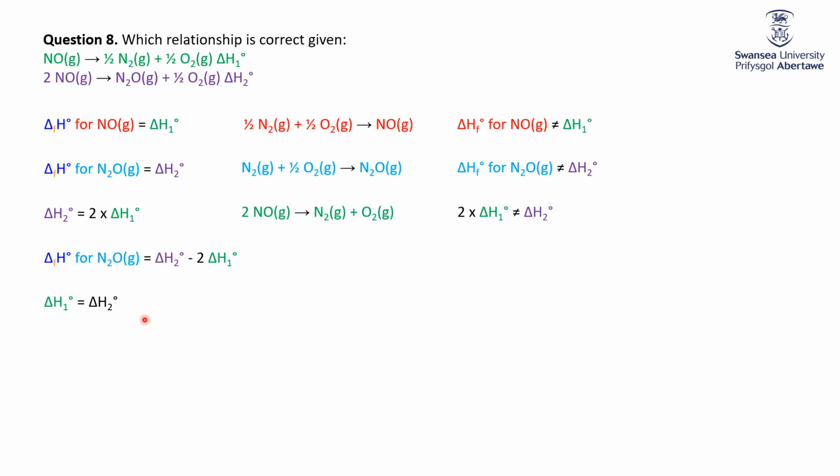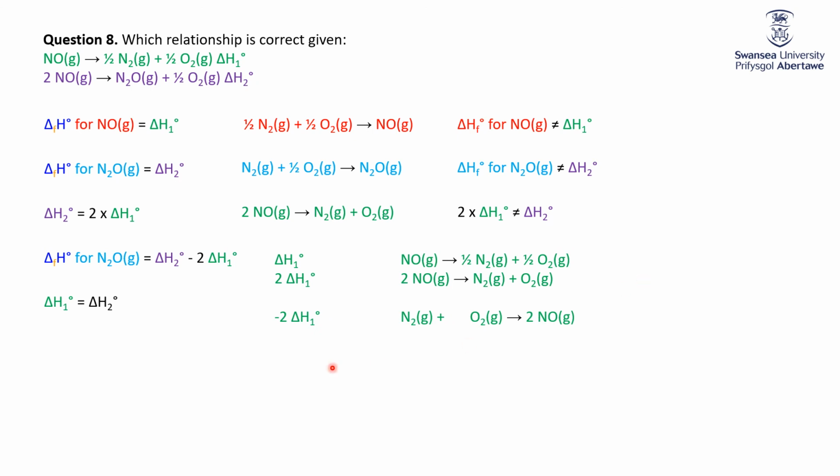Now this one, let's get really muddled and confusing, shall we? We said delta H1 is NO goes to half N2 plus half O2. So twice delta H1 is 2NO goes to N2 plus O2. So minus 2 delta H1: change the sign on delta H, flip the equation. Now it becomes, instead of 2NO to N2 and O2, N2 and O2 goes to 2NO.